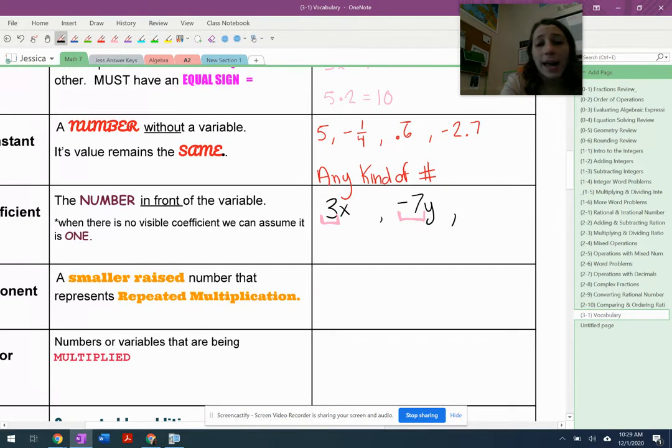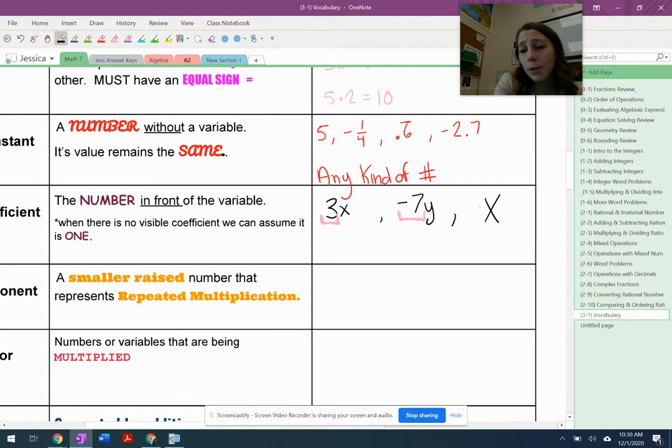When we have no visible coefficient, so like if I just had a plain old x, there is a number that's always in front of that x that we can't see, that we assume is there if we see none. And if we look at this 3x and this negative 7y, the operation going on between the 3 and the x and the negative 7 and the y is multiplication.